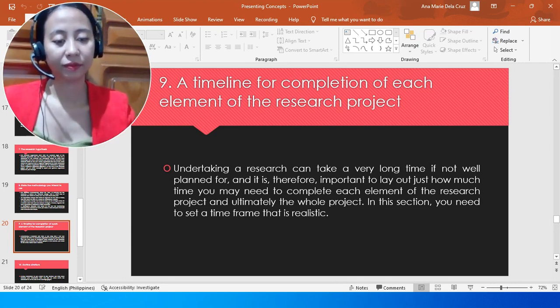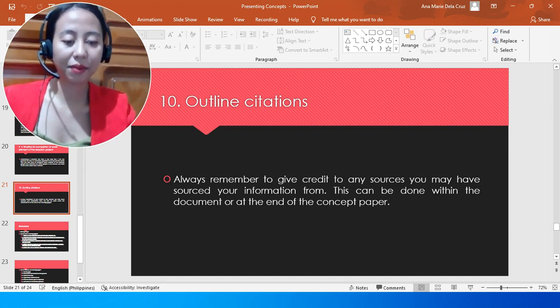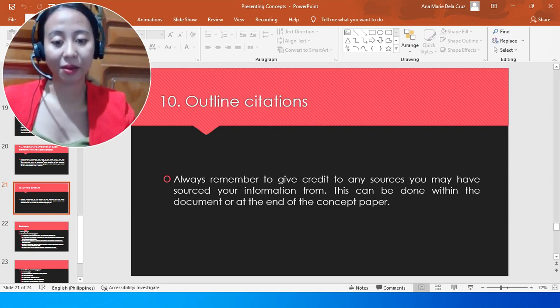Okay. Next, outline citations. To avoid plagiarism of ideas and plagiarism of language, always remember to give credit to any sources you may have sourced your information from. This can be done within the document or at the end of the concept paper.